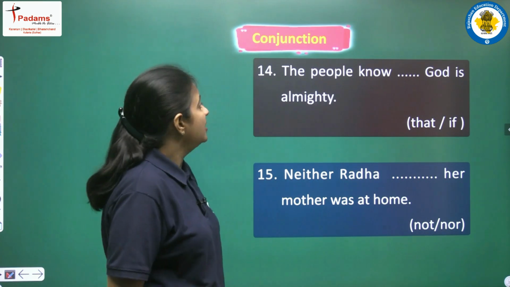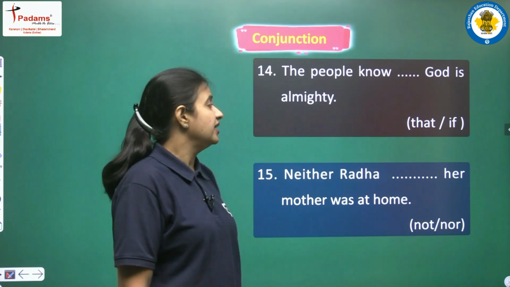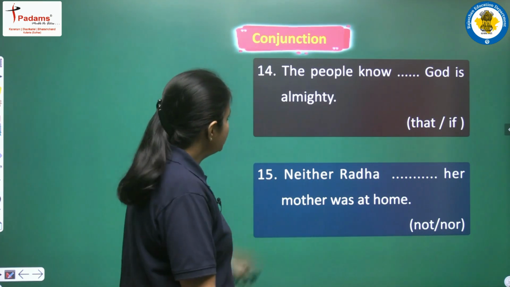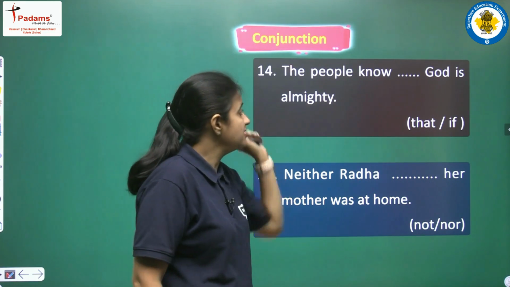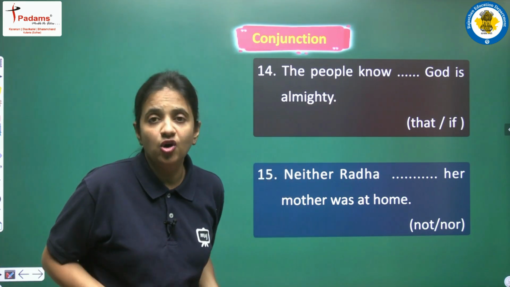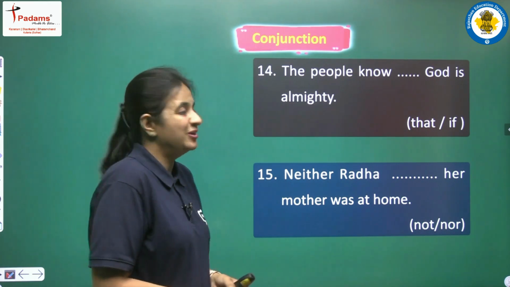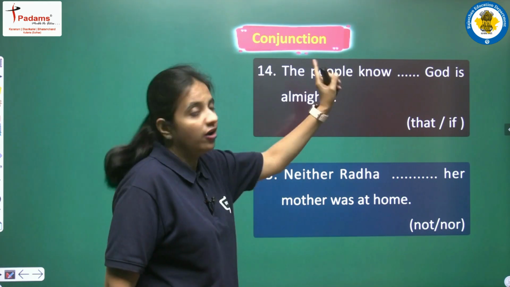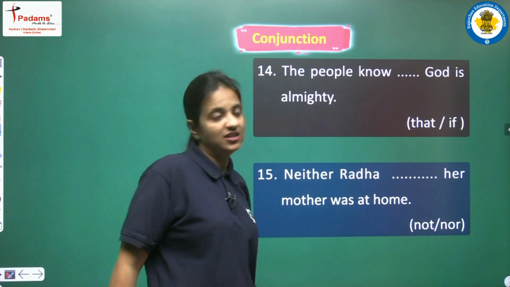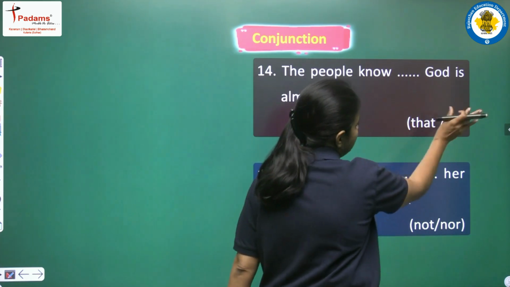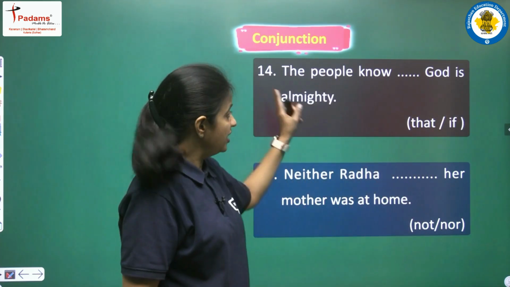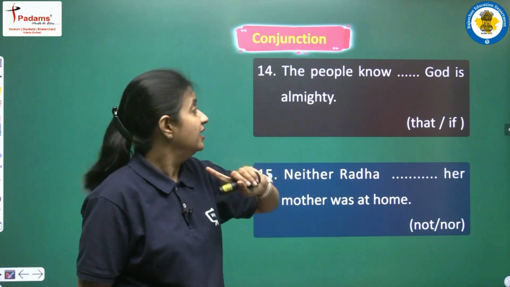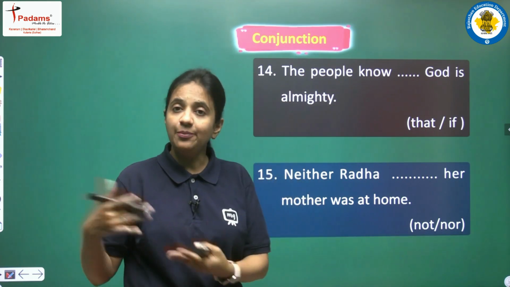Next sentence, the people know God is Almighty. So here the first part of the sentence is that the people know. So what is the thing that the people know? The thing is God is Almighty. Let's discuss first of all the options. We are having that. Second option is if. So here we are trying to show one thing that is known by all the people, right?